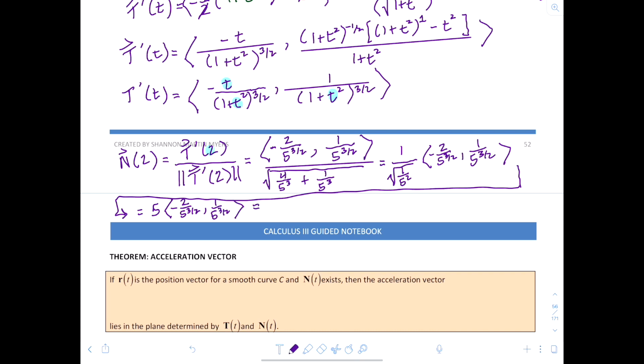Working across like this is kind of sloppy, but in turn, 5 to the 1 divided by 5 to the 3 halves gives me 5 to the negative a half. So basically I'll have 1 over root 5 times negative 2 and 1. That's not horrible, right? And that's the final result. Cool, cool?